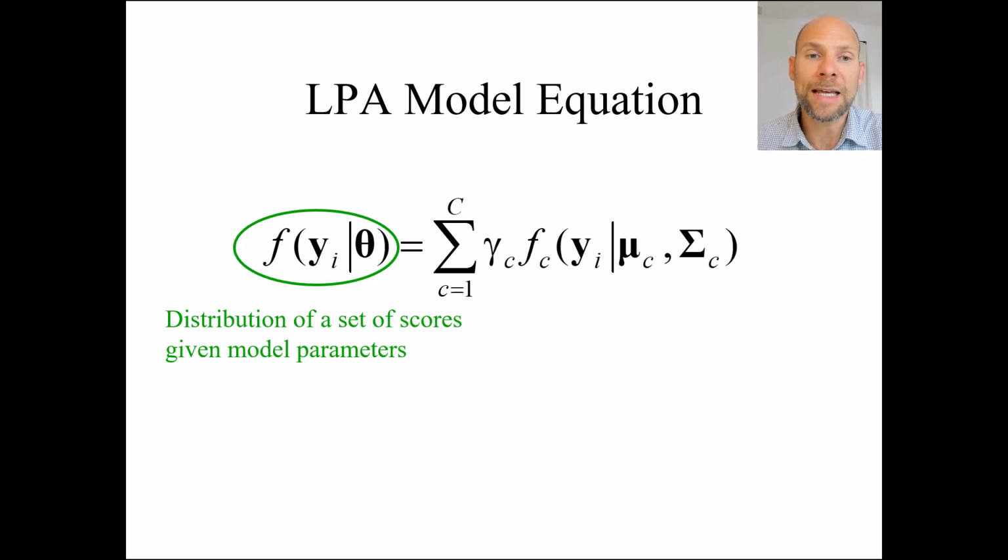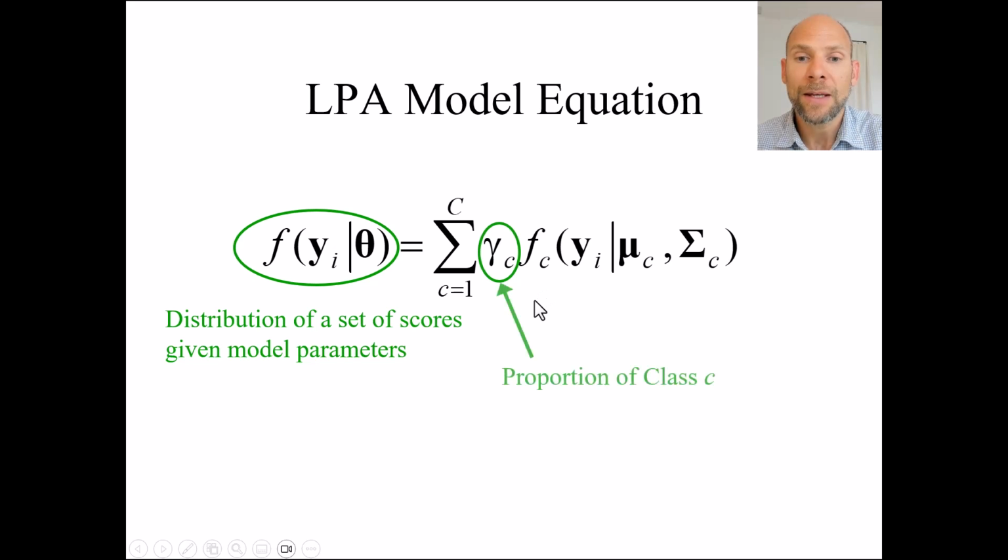What that says is that the distribution of our variables, for example the big 5 scores, is a function of a class proportion parameter, gamma c. That's the first type of parameter that the latent profile model estimates: a class size or class proportion parameter that gives the size of a given class C. That's one aspect of that observed variable distribution.